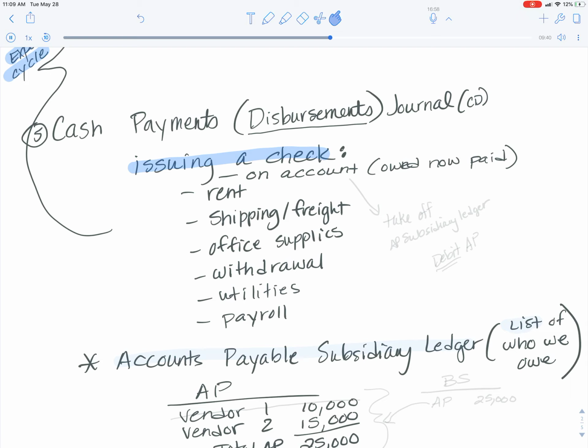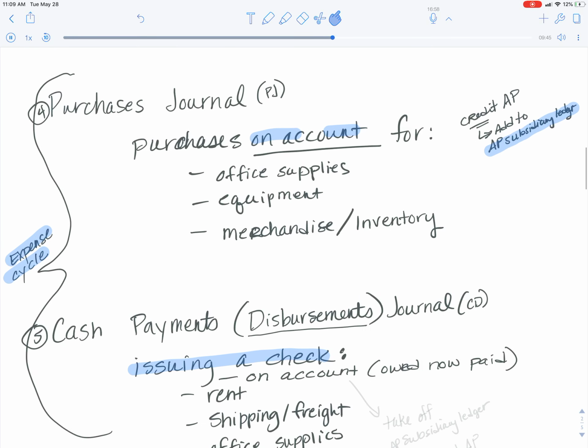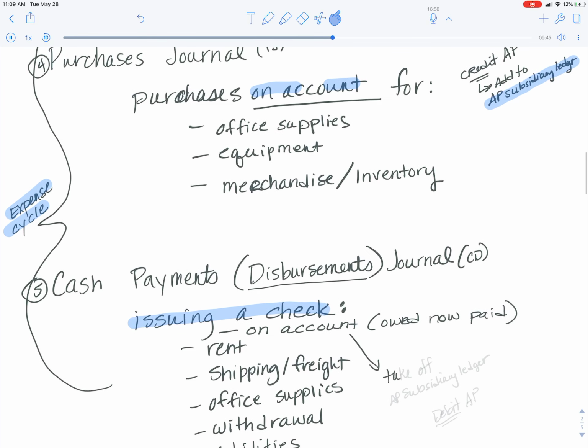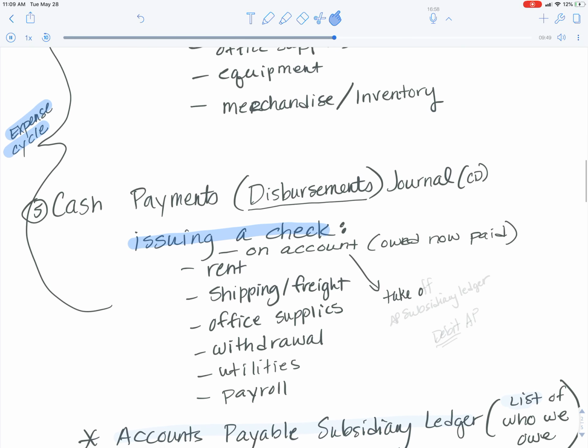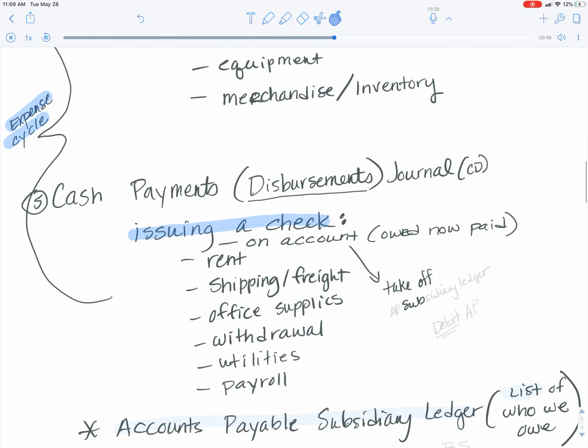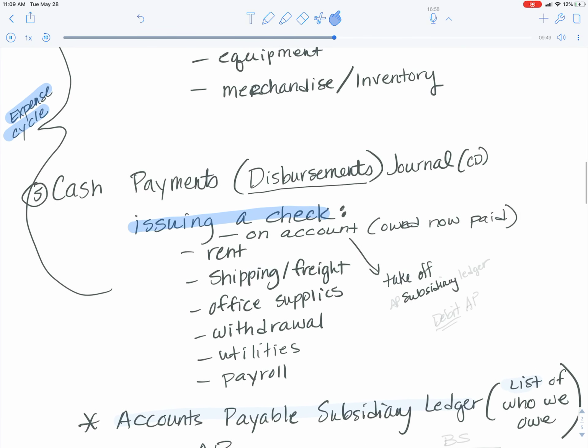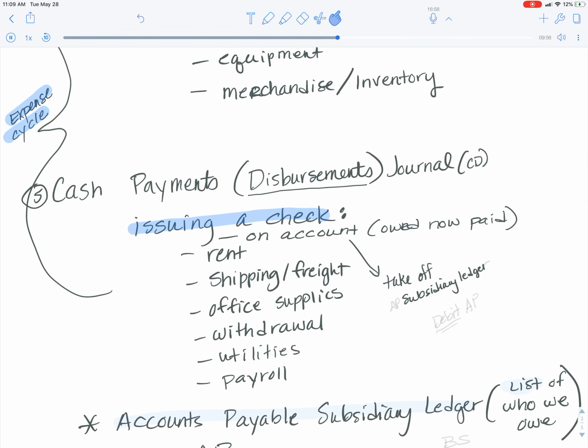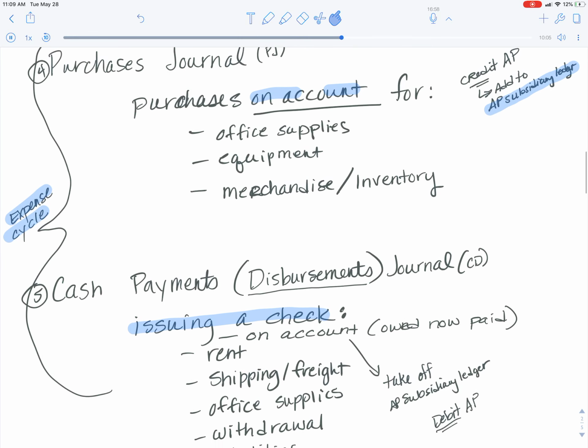Again, this is just a list of who we owe, and it would look something like this and correspond with our balance sheet balance. We'd have $25,000 over here on our balance sheet, but we don't really know just by looking at that balance who we owe. So we're going to look at our subsidiary ledger list to find out. Whenever we pay somebody, we're going to take it off the list.